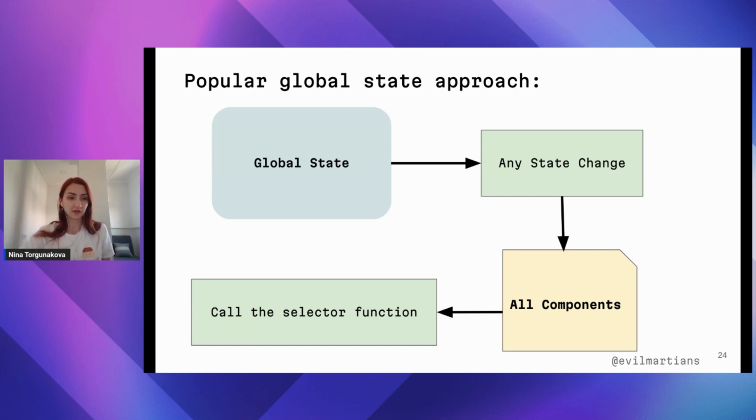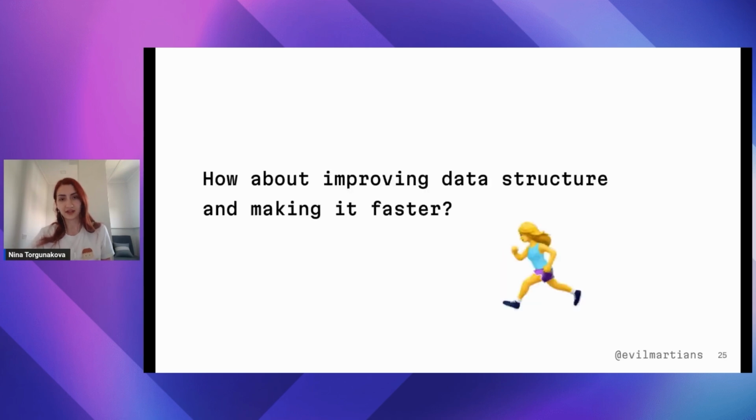But it's not very optimized, because usually on any state change, all components need to call the selector function, and also our chunk can hold data that's not currently used on the user's page. Let's try to optimize this data structure and make it a bit faster.